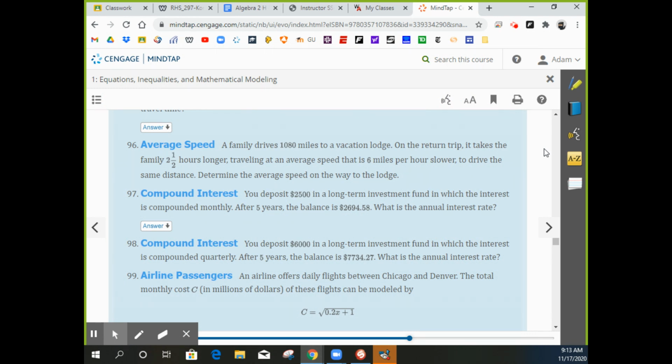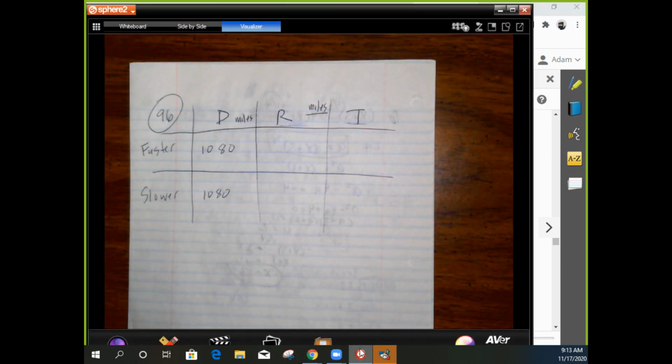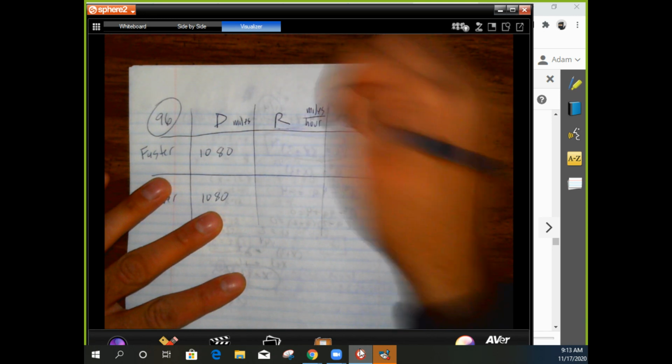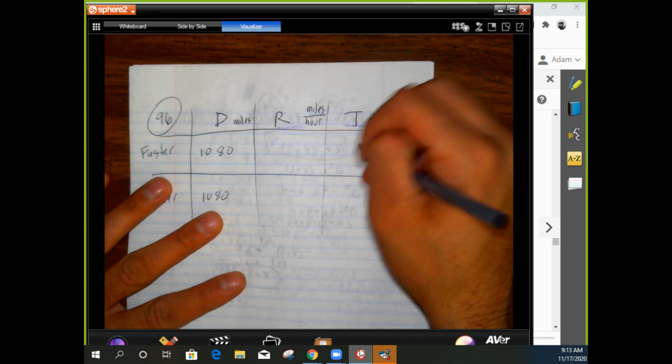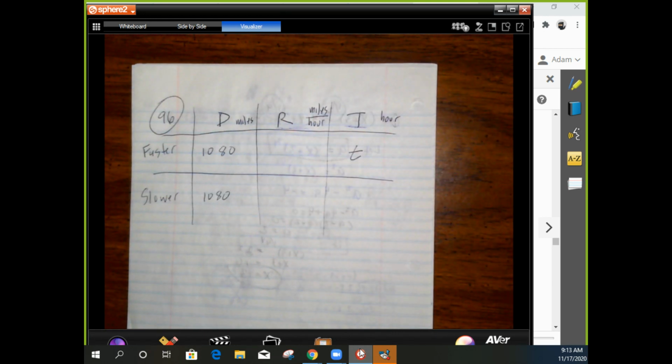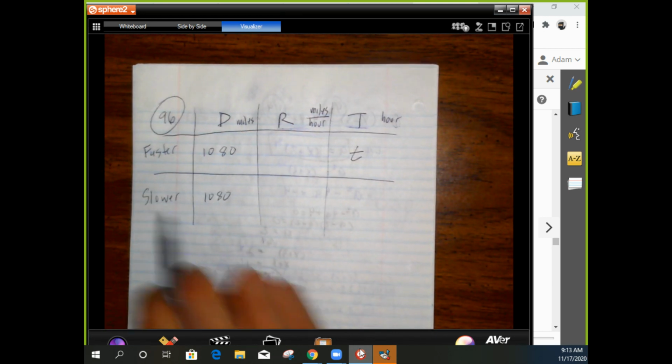And we don't know how long it took when the family drove to their lodge originally, but we know that when they were driving home, it took them a longer time by 2.5 hours. So if t is the original time it took, then t plus 2.5 could be the expression for the slower time. And if we keep reading, it'll give us a relationship between the rates.